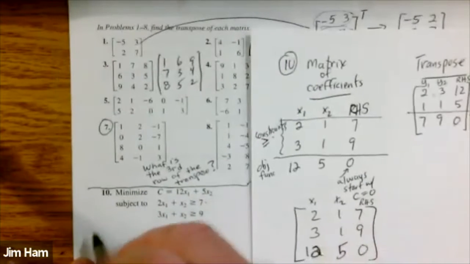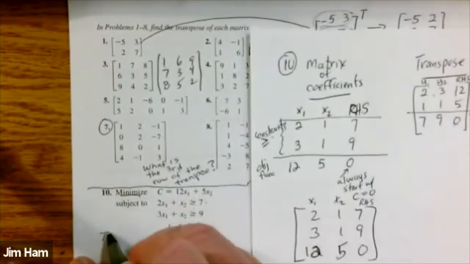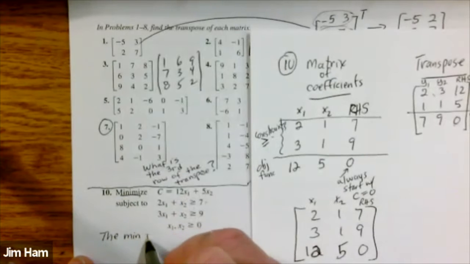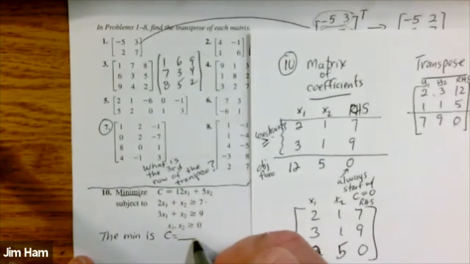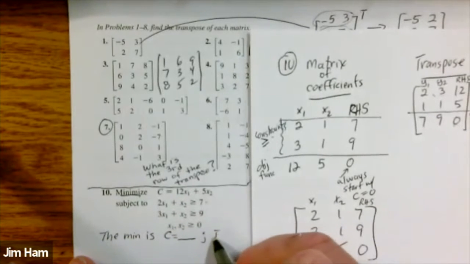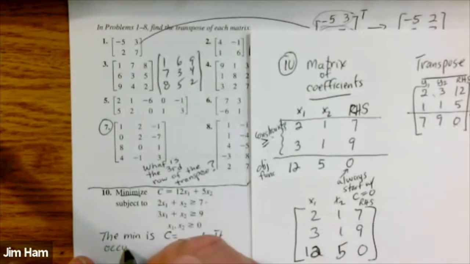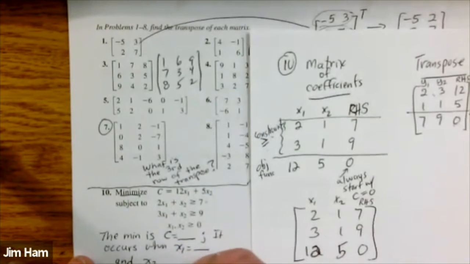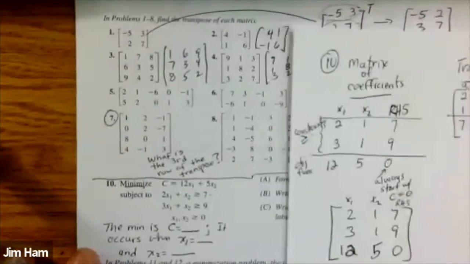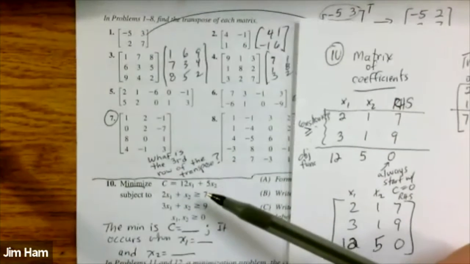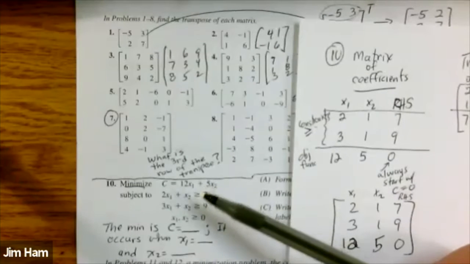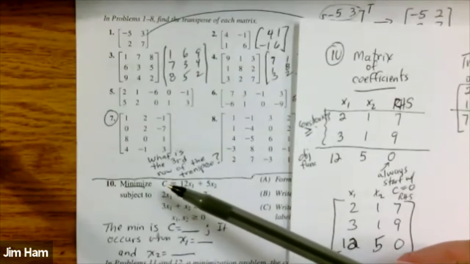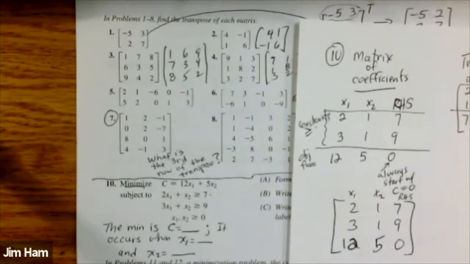So when you're done, since we're minimizing, you want to say the min is c equals this number, and it occurs when x1 equals this number and x2 equals this number. So just as before, you've got two variables in here, two decision variables they call them, and then you've got this thing we're trying to minimize. So we want to know what the minimum is and where it occurs.